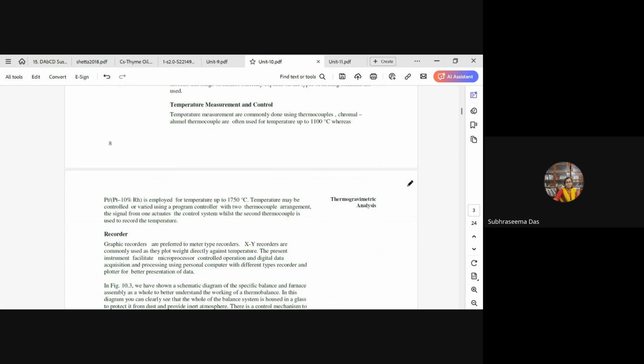Then coming to temperature measurement and control, that is the programmer. The temperature measurement is mostly done using thermocouples. Chromel-alumel thermocouples are often used for temperatures up to 1100 degrees centigrade, whereas platinum and 10% rhodium is used for temperatures up to 1700 degrees centigrade. Depending on the temperature range we need, we can design the thermocouples.